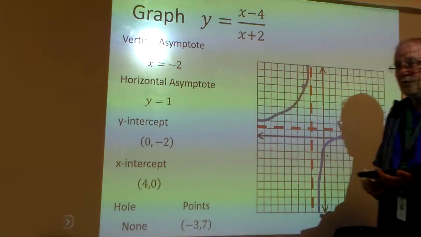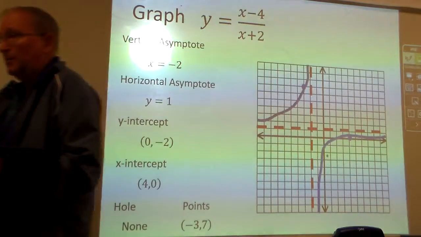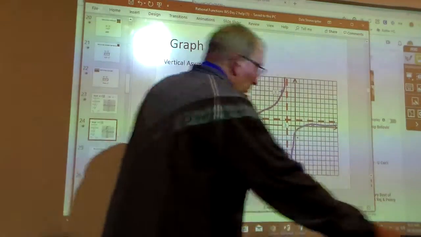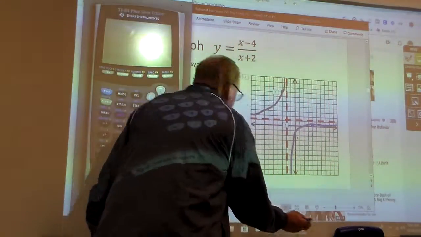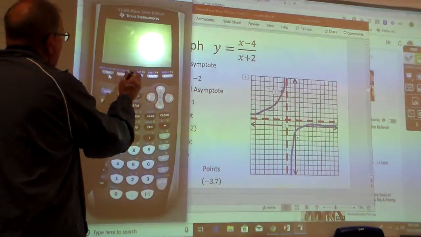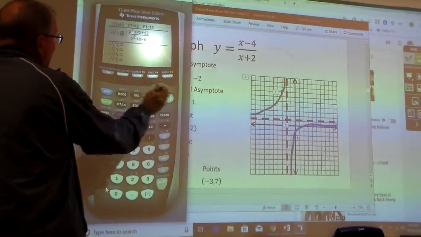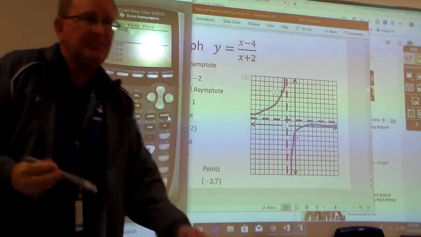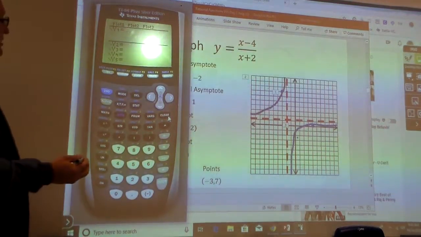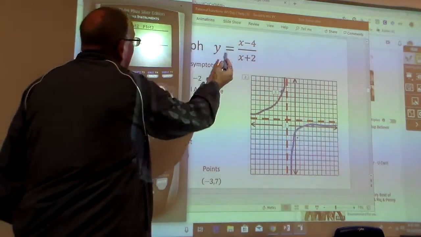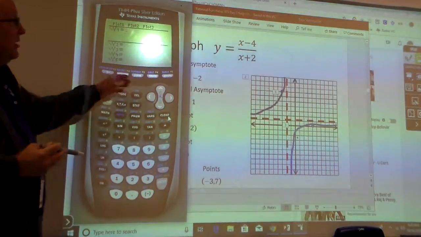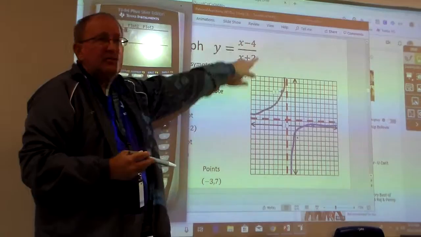Now here's what's really nice. One other thing: I did this by hand. Let's look at what it might look like on a calculator. Okay, y'all? Let's go to my Y equals. Let's clear that one out of there. Now, I'm going to type it in the old way, if you don't have a super nice calculator, where this has to be in parentheses.